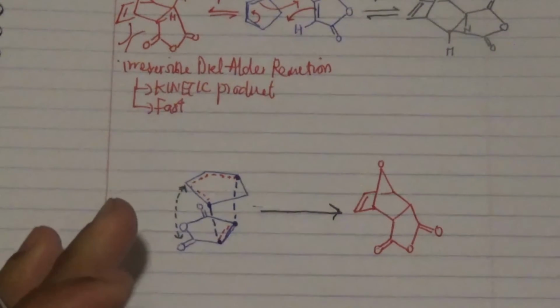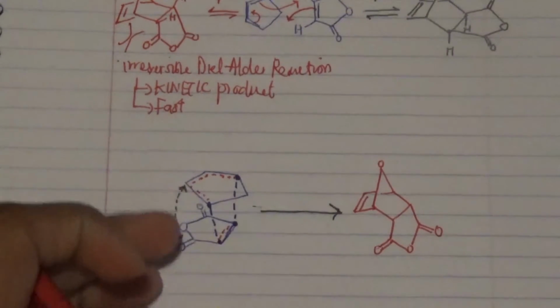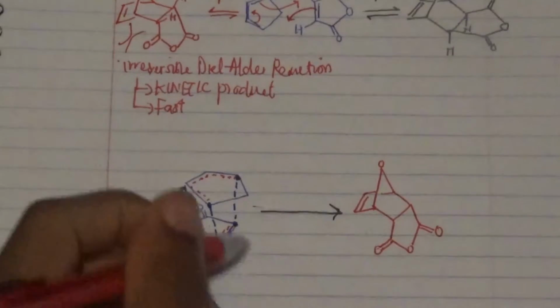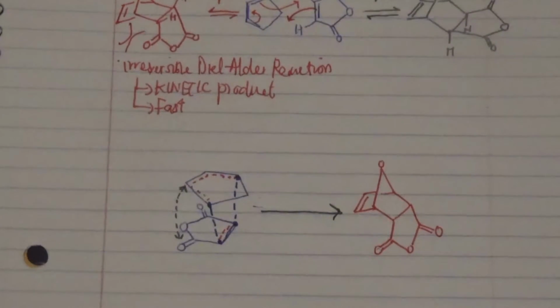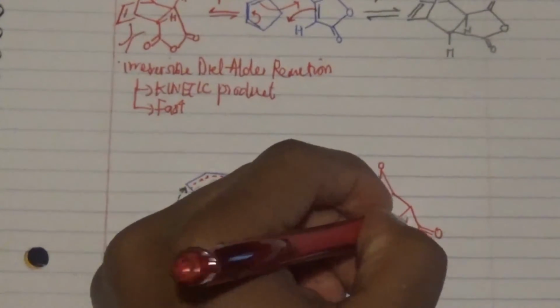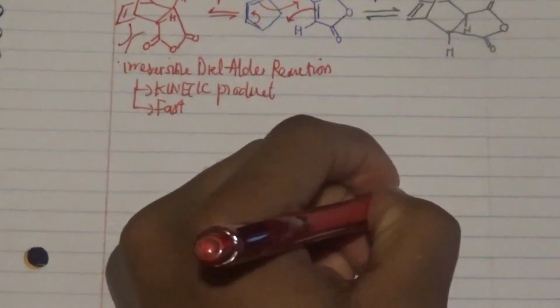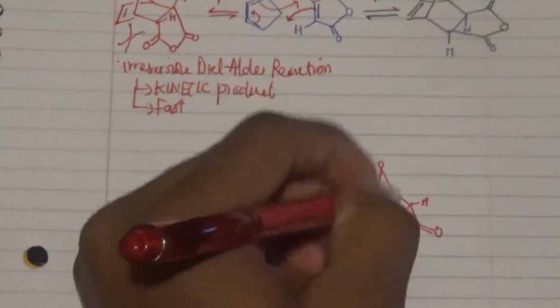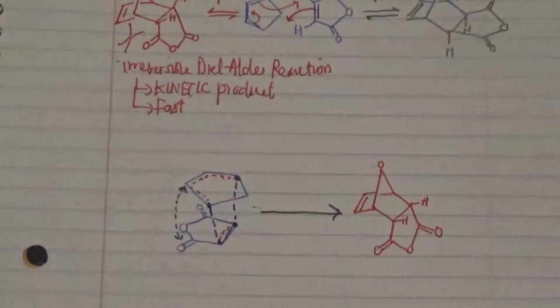But then the fastest step is when you drive the reaction towards the formation of a particular product, thereby making our hydrogens over here equatorial rather than axial over there.